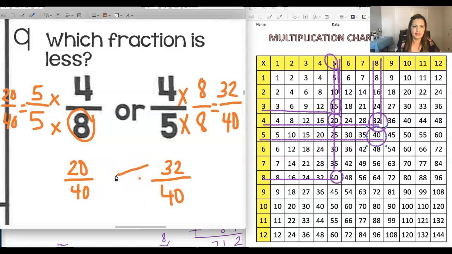Then I'm going to connect the dots, and that gives me my sign. 20/40 is less than 32/40. And since 20/40 is equivalent to 4/8 and 32/40 is equivalent to 4/5, I can say 4/8 is less than 4/5. Which fraction is less?